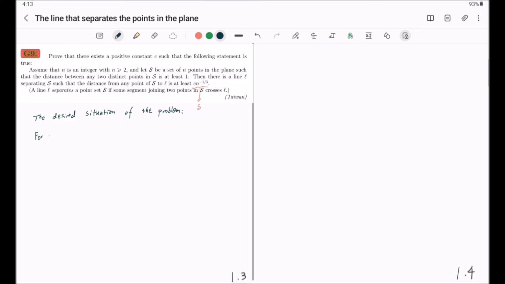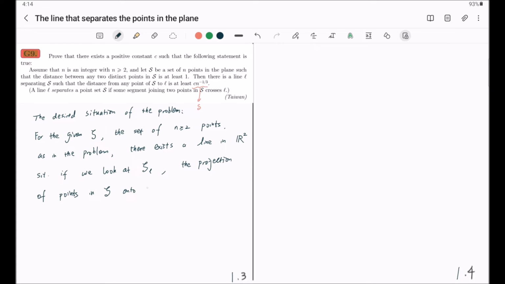For the given S, the set of endpoints in this problem, the desired situation is that there exists a line in R2 such that if you look at S_L, the projection of points in S onto L. Okay, now let me draw a picture.